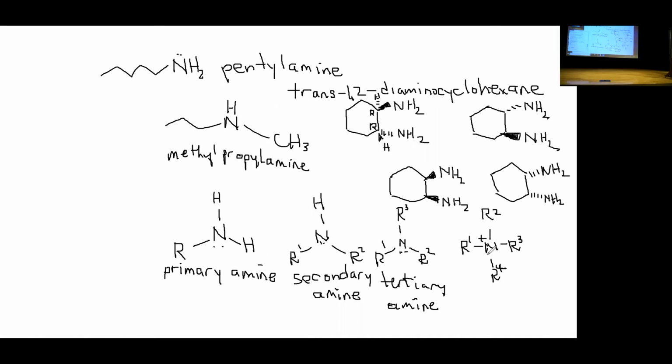And so compounds of this type are actually ions, they're cations, and you can call them either quaternary ammonium salts or quaternary ammonium compounds. I think your book calls them quaternary ammonium compounds, though I usually call them quaternary ammonium salts.